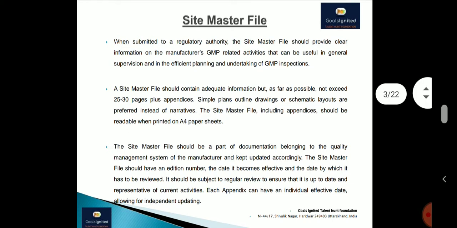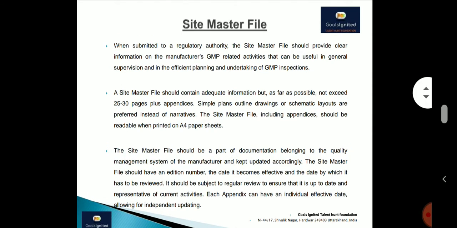When submitted to a regulatory authority, the site master file should provide clear information on the manufacturer's GMP related activities that can be useful in general supervision and the efficient planning and undertaking of GMP inspections. A site master file should contain adequate information, but as far as possible not exceed 25 to 30 pages.